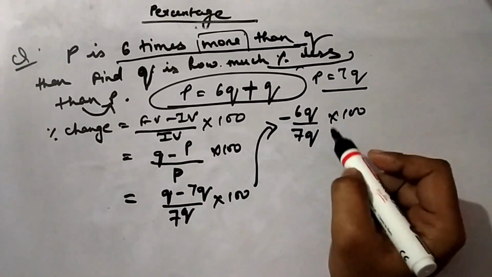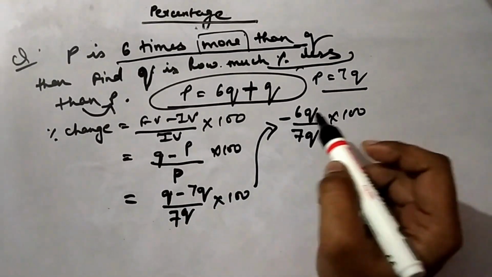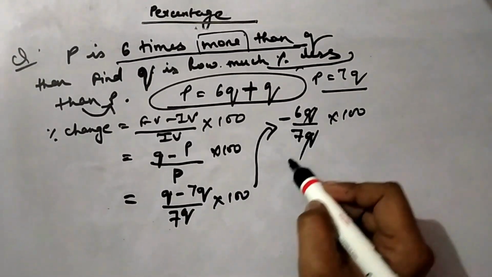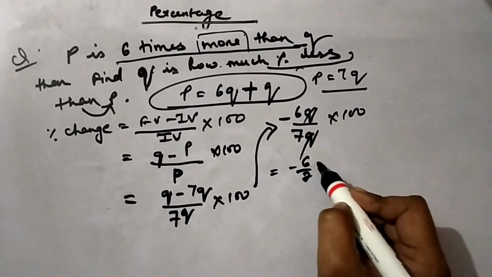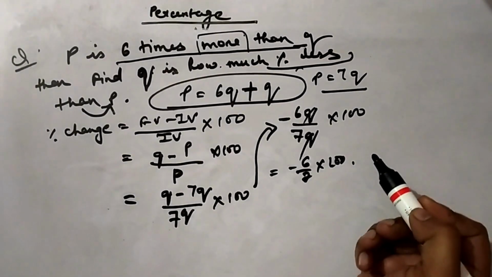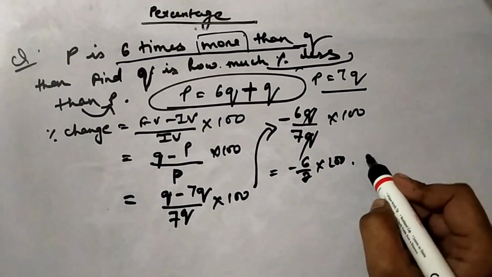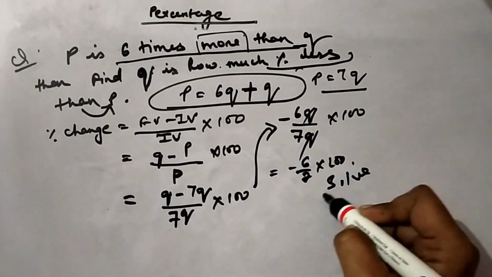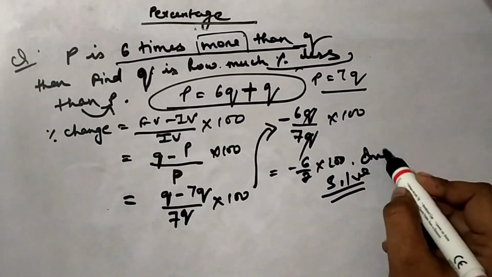It is minus because the bigger number is subtracted. So minus 6 upon 7 into 100. We will solve this and we will get the answer.